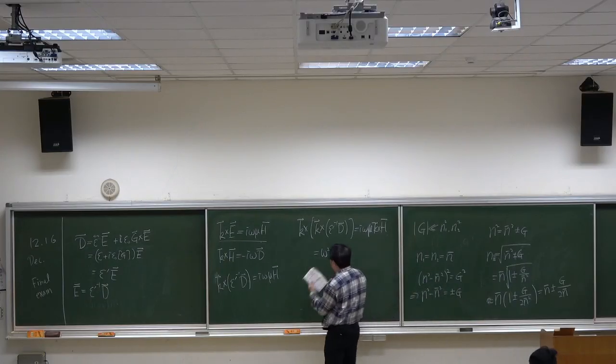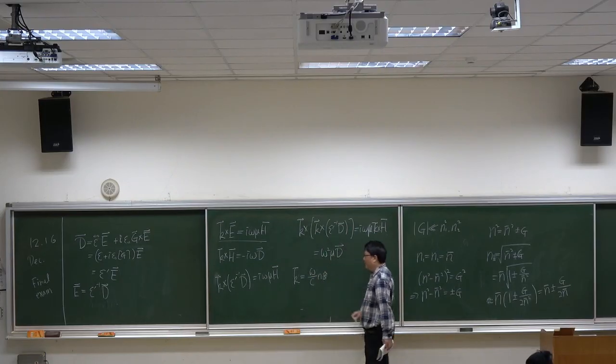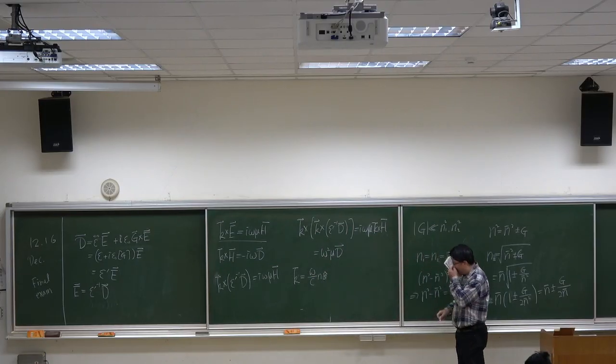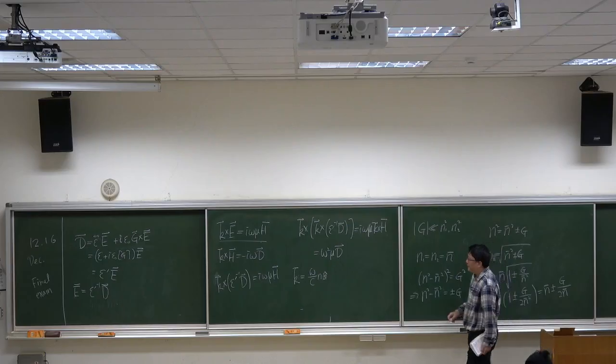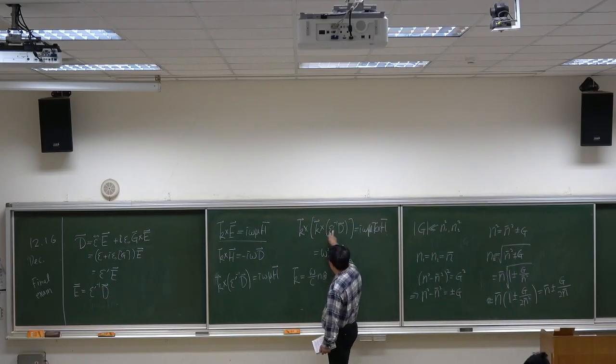And now we substitute this expression for K. K is equal to omega over c times n times s. Okay, n is the refractive index to be determined. So we substitute this into this equation.